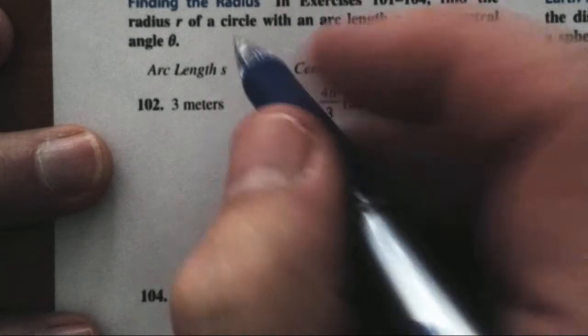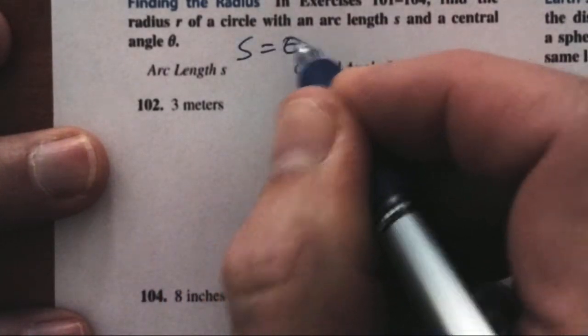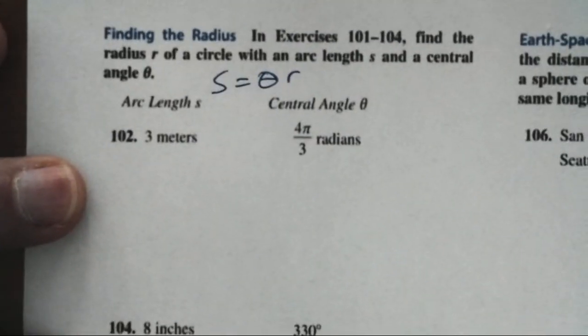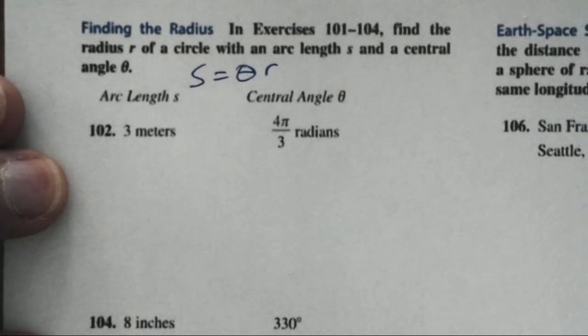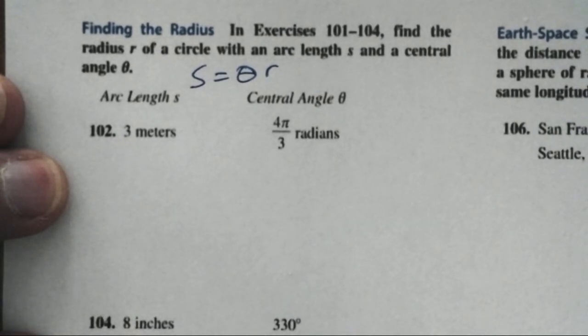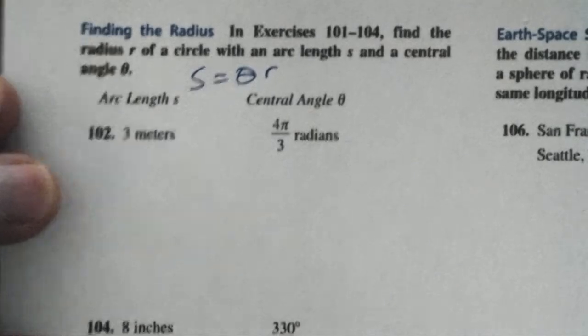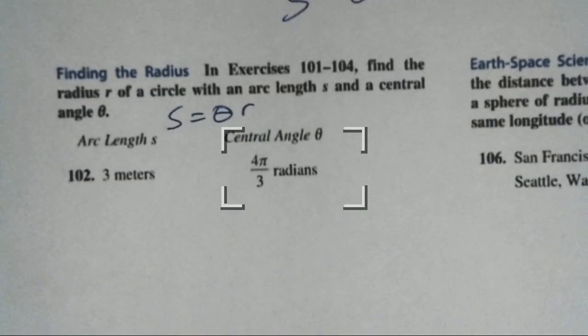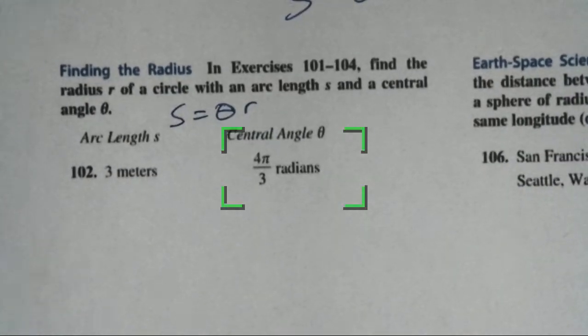Okay, find, and once again, S equals theta r is our friend here. Find the radius r of a circle with an arc length S and central angle theta.